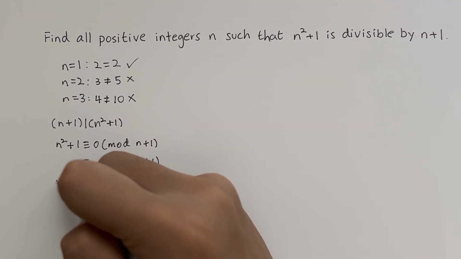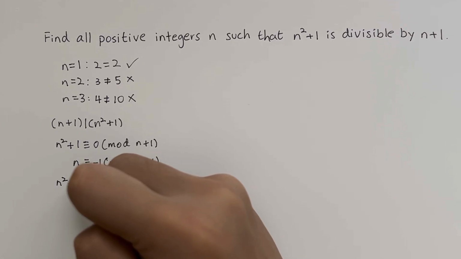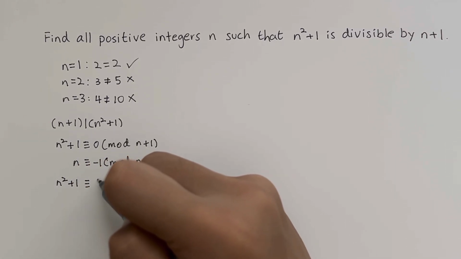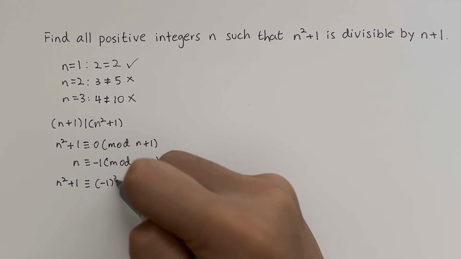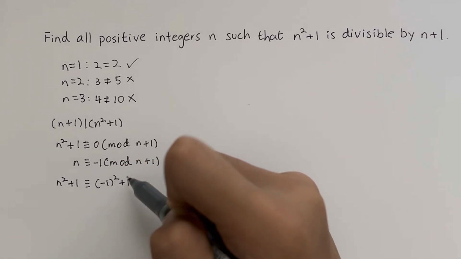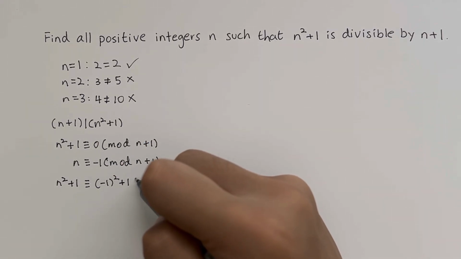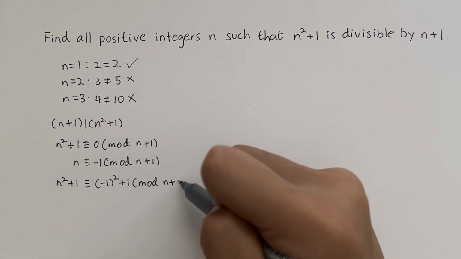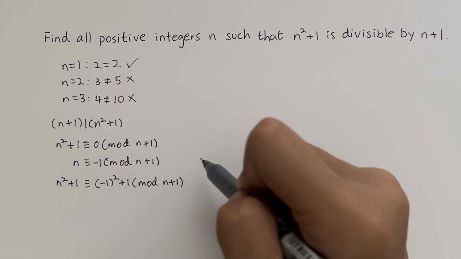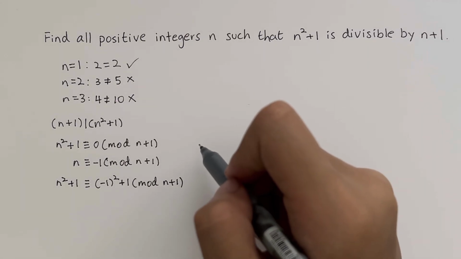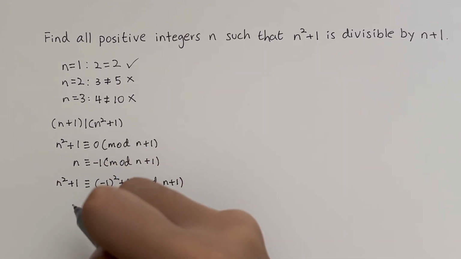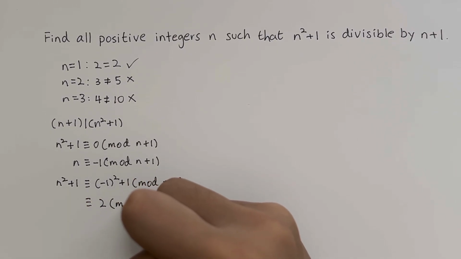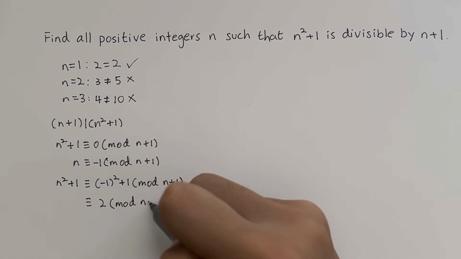N squared plus 1 is congruent to (-1) squared plus 1 mod n plus 1. So n squared plus 1 will be congruent to 1 plus 1, or congruent to 2 mod n plus 1.